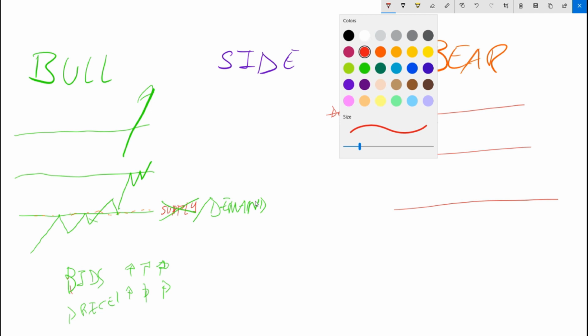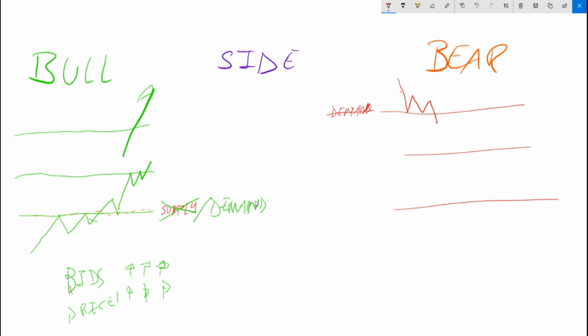All the demand have been satisfied, so there's only supply here. I did use the wrong color here. So once it gets violated, this support is now a resistance on the way up. This is a concept we're gonna have to go through many examples.